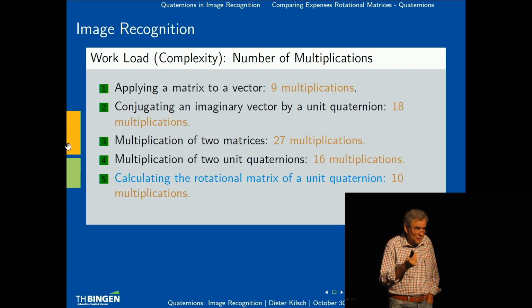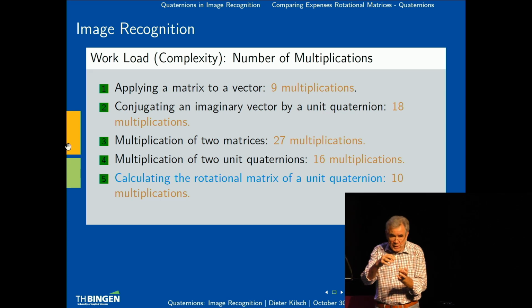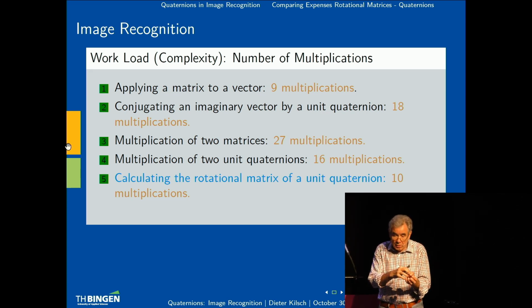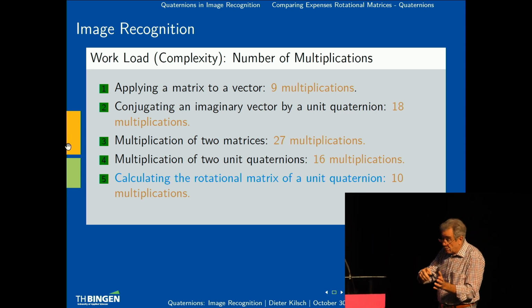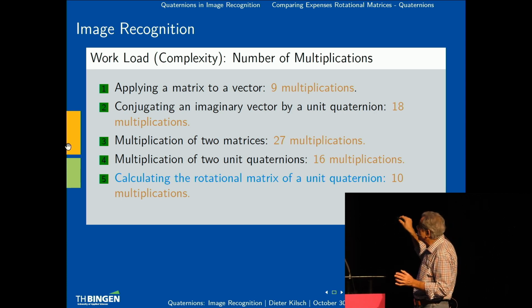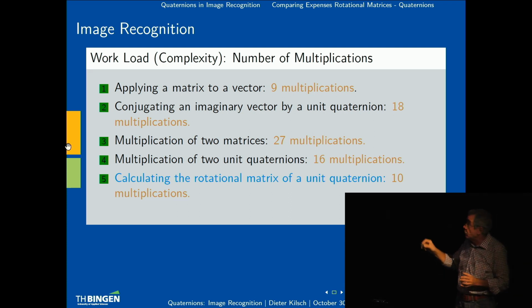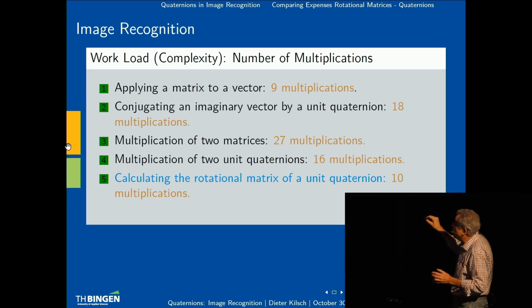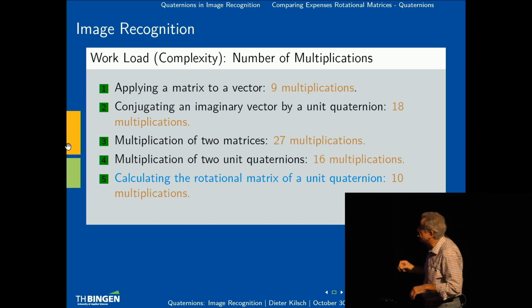And this makes the benefit out of it, because in general, if you compare a moving body and you want to compare it to the initial object, you have a lot of multiplications in between, and to get the final rotation, you have to multiply all these matrices or quaternions with each other. So it's each time only 16 multiplications compared to 27 multiplications. This is the real benefit you get out of it.